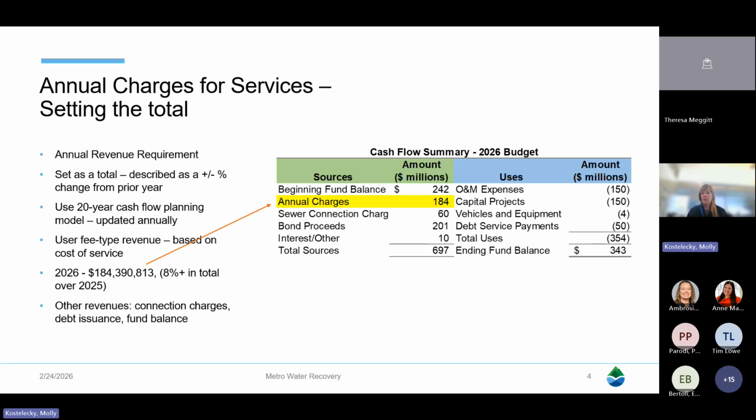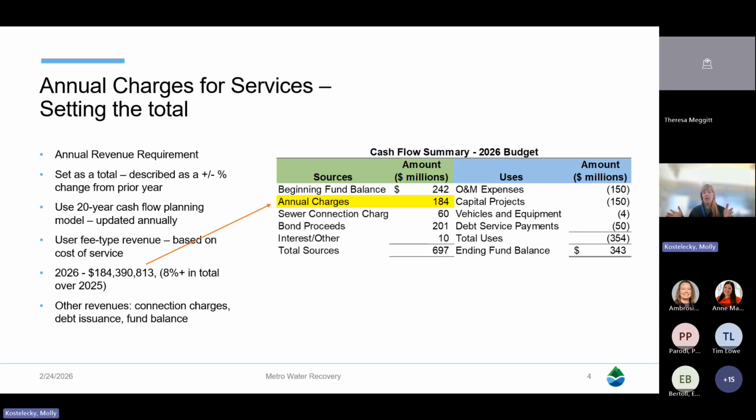So every single year we're going through this process of determining all of these things, making some estimates, not only for the current year that we're working on.